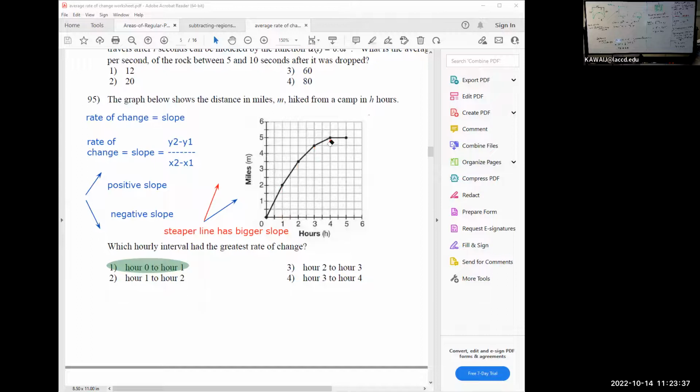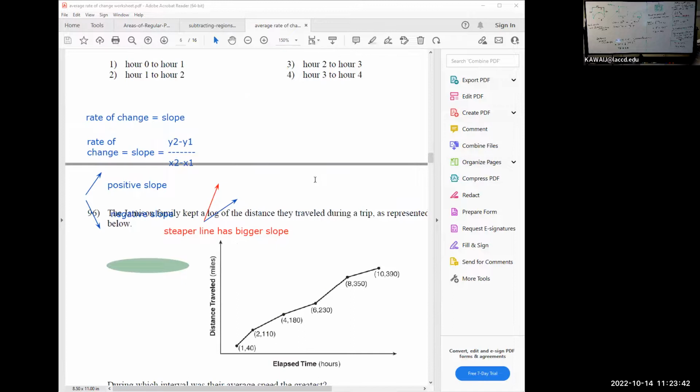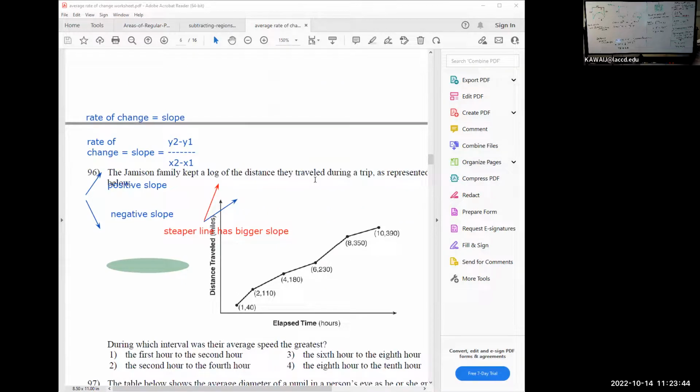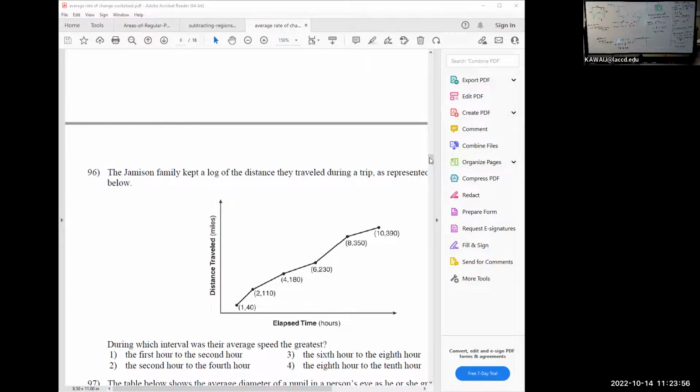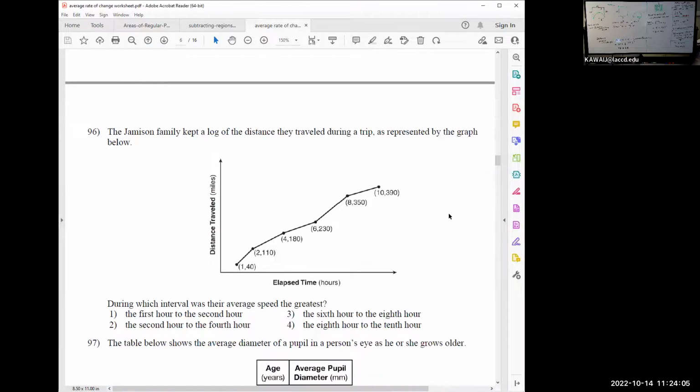So let's look at another one. Let me move all this stuff up. So bring this up here. I'll clear everything. Okay. So figure out which one went up the most.